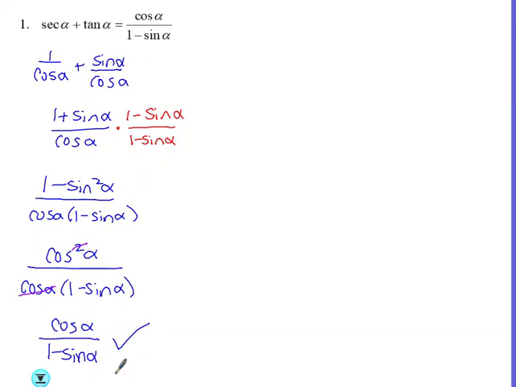Now, you can use the same multiplying by the conjugate technique to do this by simplifying the right side. So, if I decided to start on the right-hand side, I would start by immediately multiplying by the conjugate.